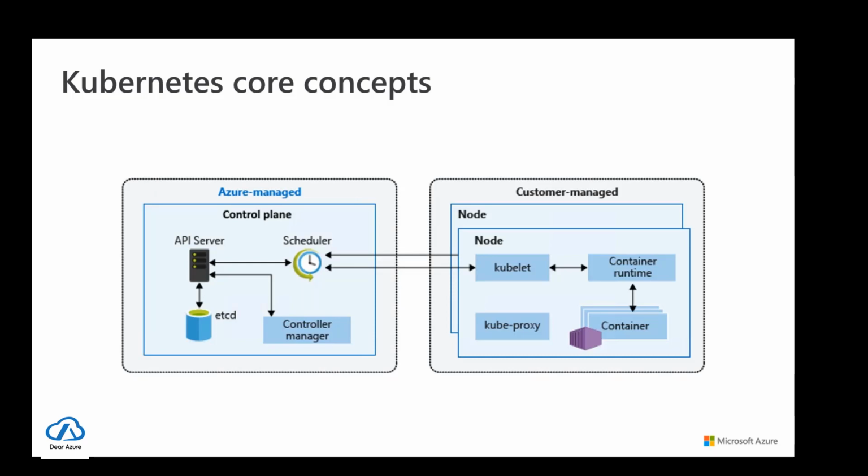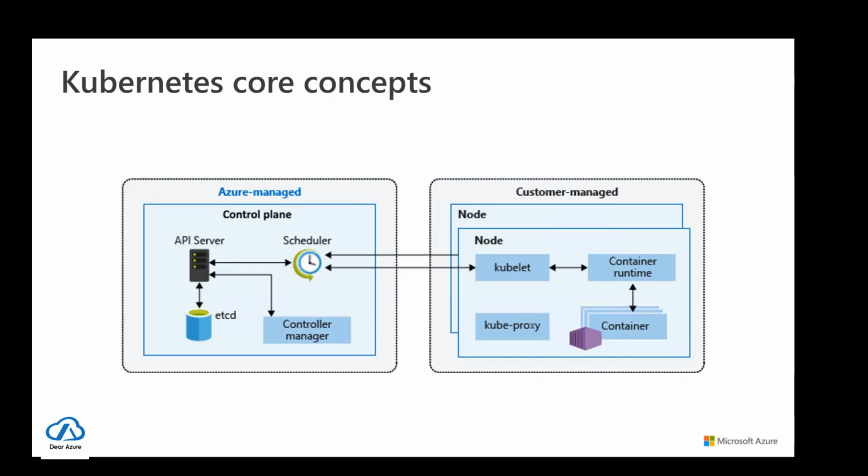All right, so what are these components that you see on screen now in this diagram that are all managed in the Azure cloud? We can summarize a Kubernetes cluster into two main components. One is called a control plane, and the other one, nodes.